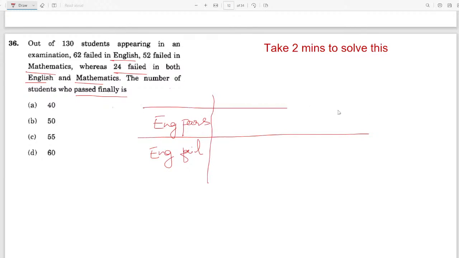And then columns would be maths pass and maths fail.